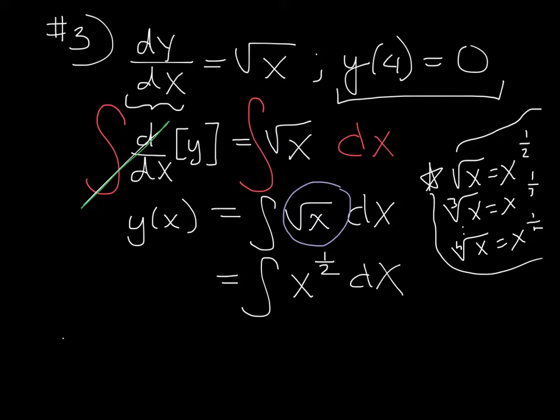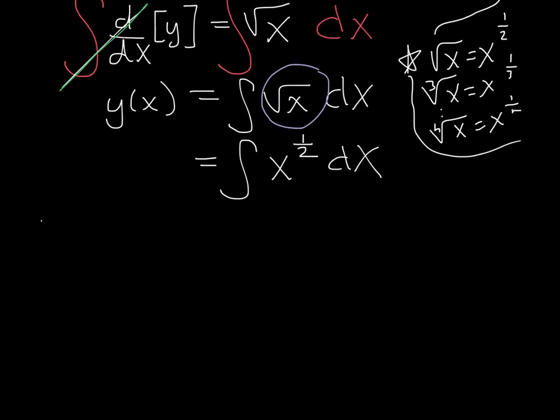So if we want to integrate, this is a pretty simple integral. We have x raised to the 1/2 plus 1, because we're adding 1 as we integrate, and we have our constant of integration.